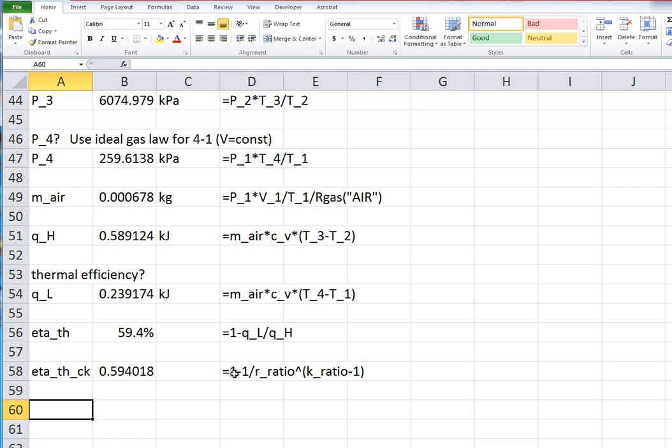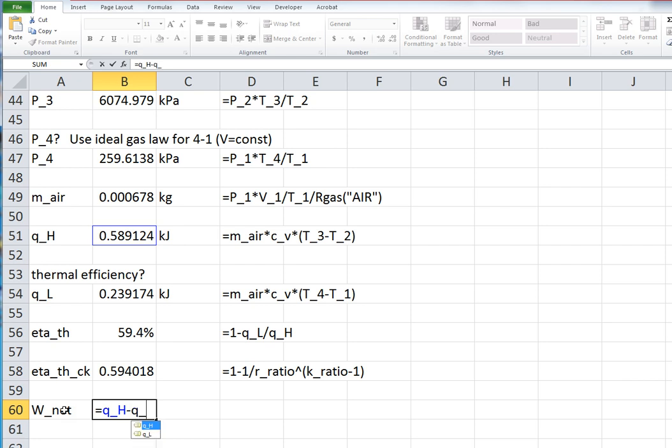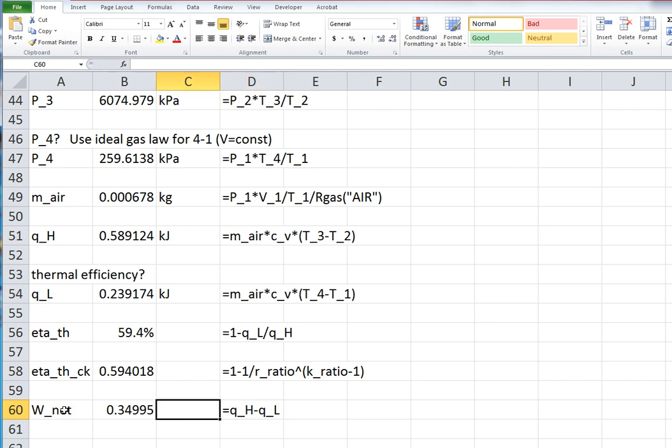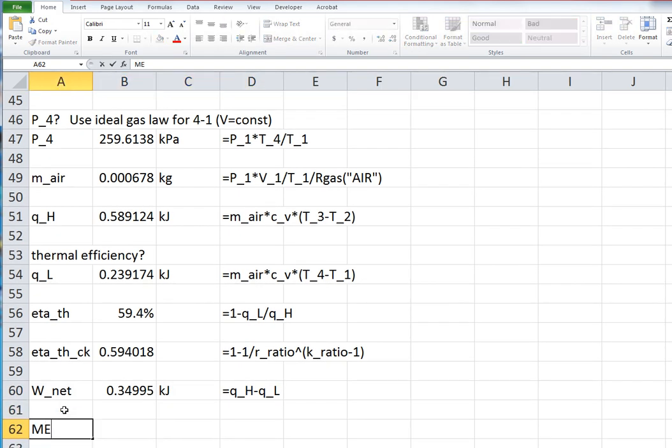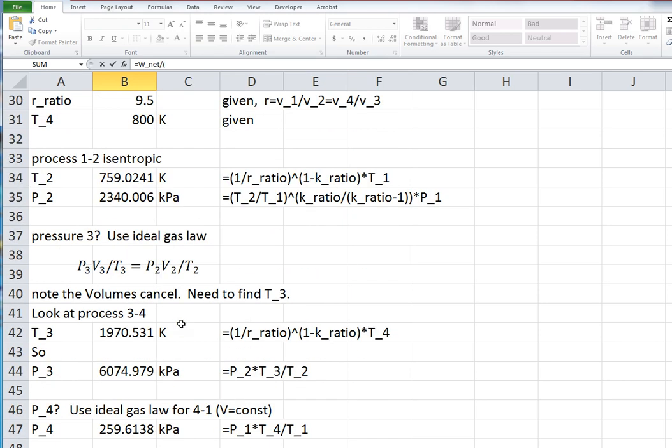So we need the net work. So how much is that? It's equal to QH minus QL. And now the mean effective pressure is equal to the net work divided by Vmax minus Vmin.